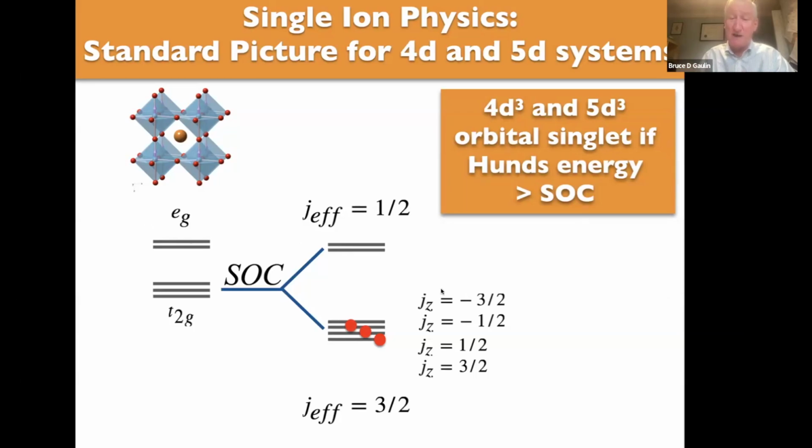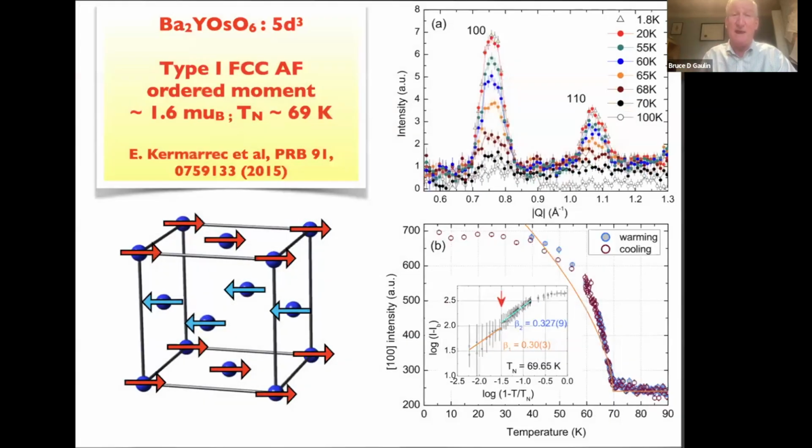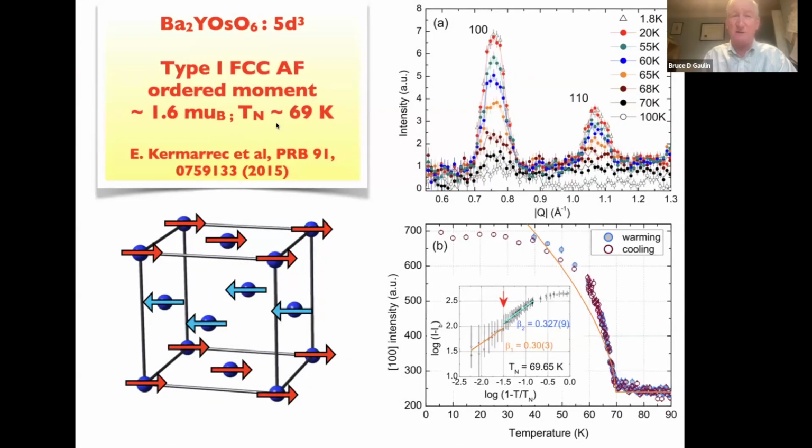Okay, so if you continue down to this second stage, then you can see that would actually give you a J equals 3/2 degree of freedom. The plus and minus a half would cancel, but nonetheless, our expectations are a very simple system, and that's largely what we found, actually.